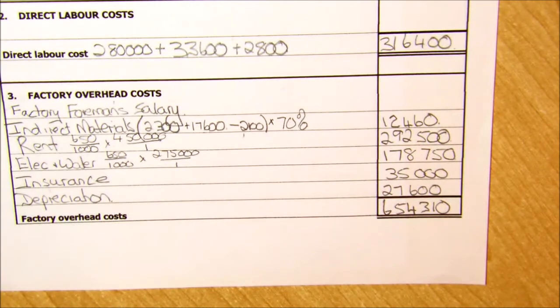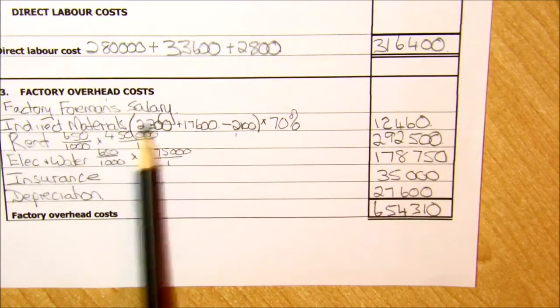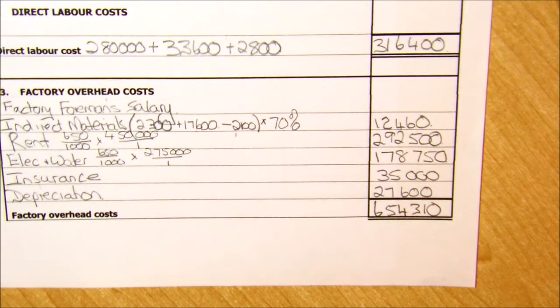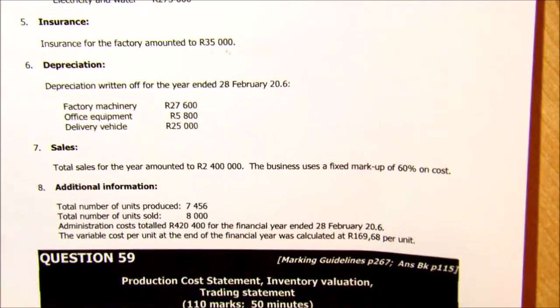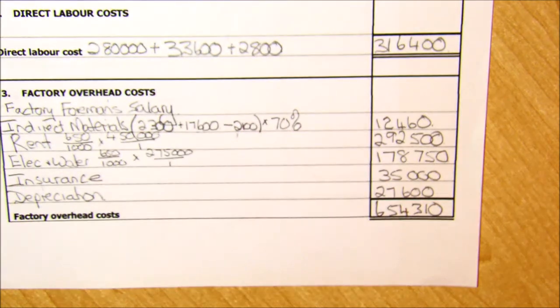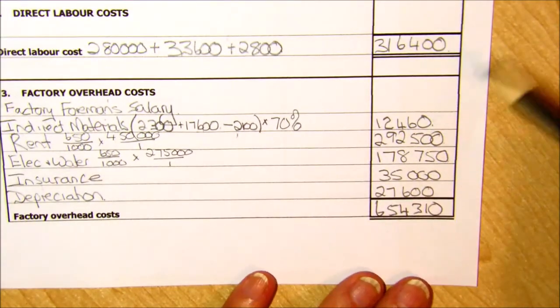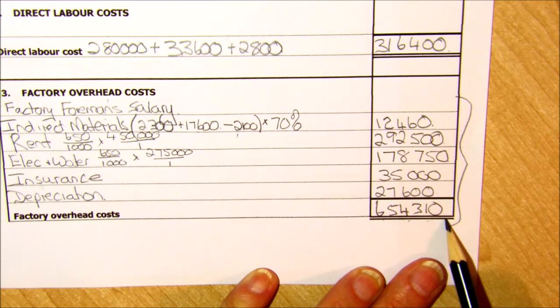Now if you have a look at this factory overhead costs, remember I said to you at the beginning we were given the factory foreman salary and nothing more has been said about it. If you carry on reading in the exercise, there is nothing said about the foreman salary. But they gave us the details, so that was the clue. They've told us that this all has to add up to 654,310.